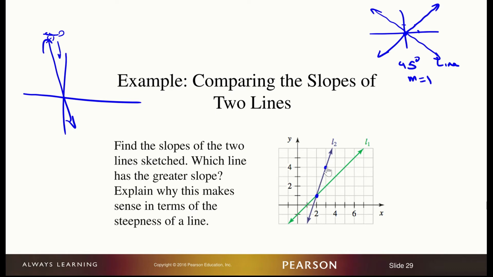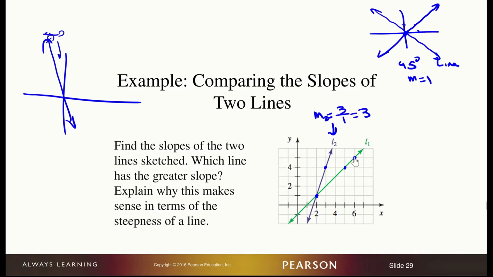So notice the slope of L2, let's call it M2, is basically 3 over 1, which is 3, right? Now look at L1. L1 has a lot of simple points you can pick. So let's just pick these two. Notice that to get from this point to that point, you would have to go up 1 and to the right 1, right?